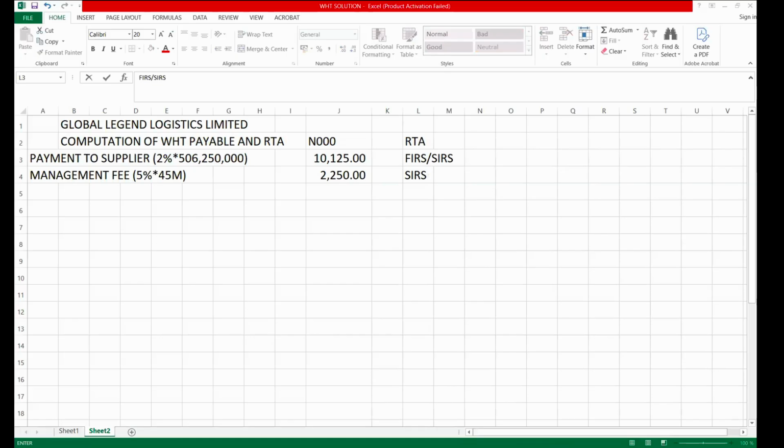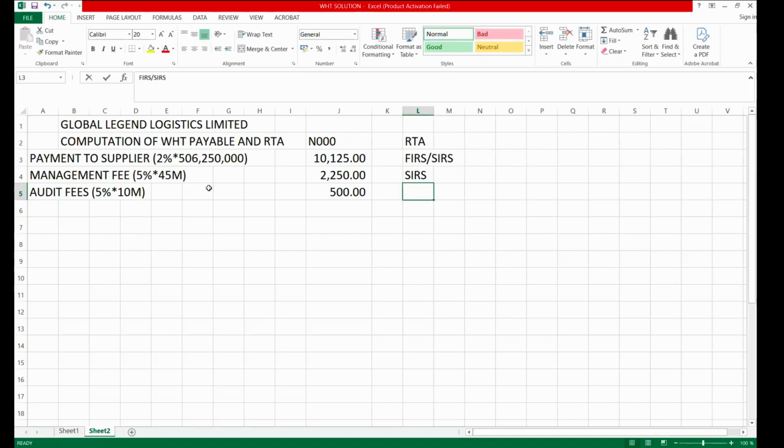Then we have audit fees. What is the withholding tax on audit fees? 5%, multiplied by the value. Audit fee, 10 million. That will give us 500,000. What will be the relevant tax authority?